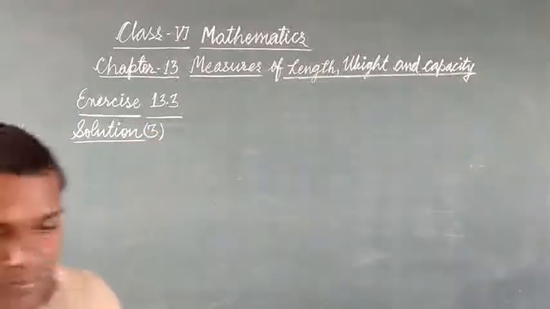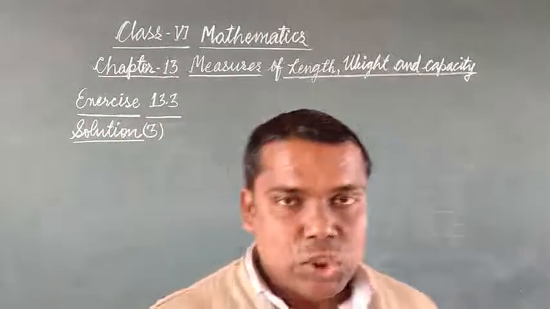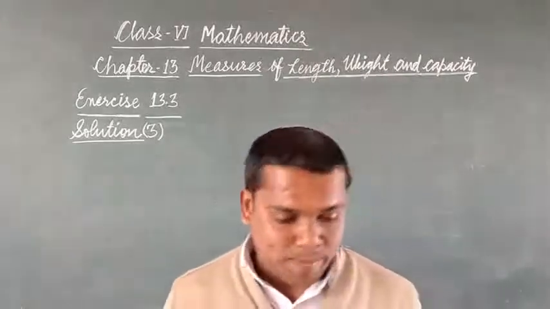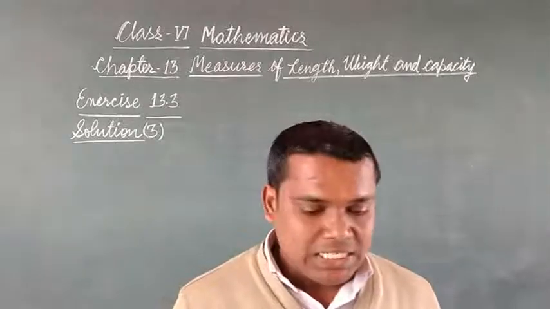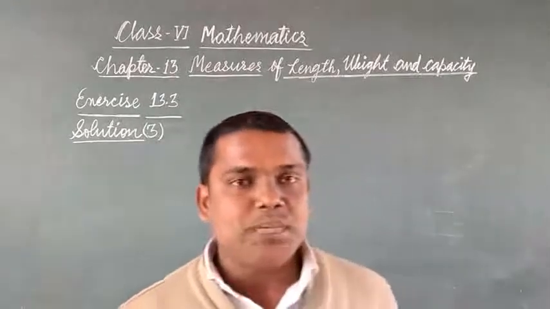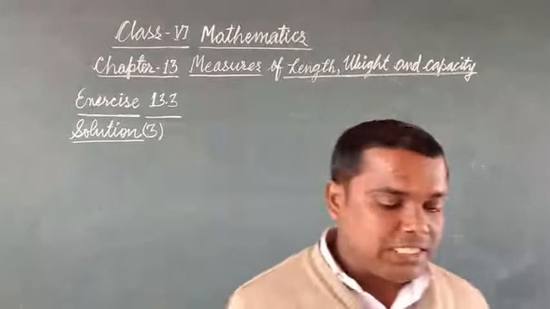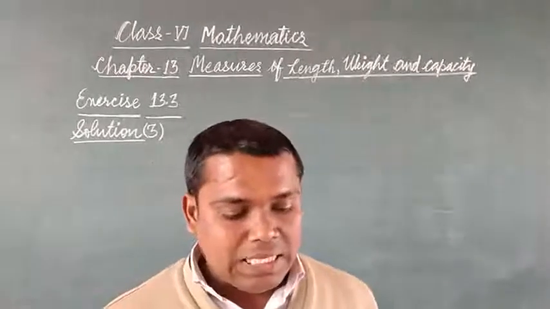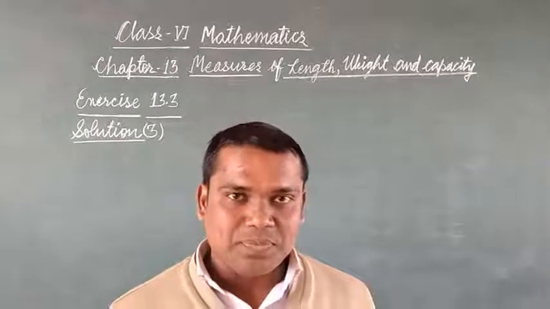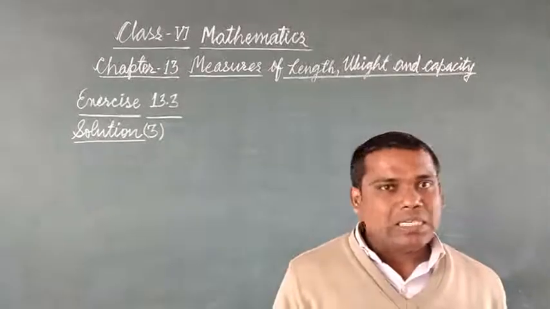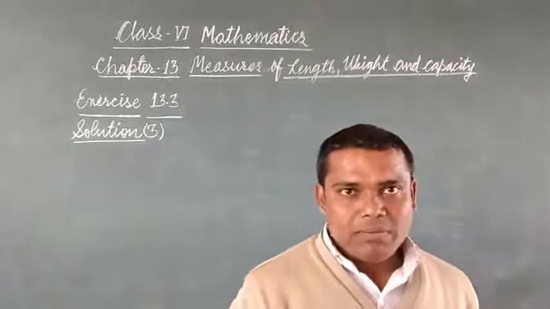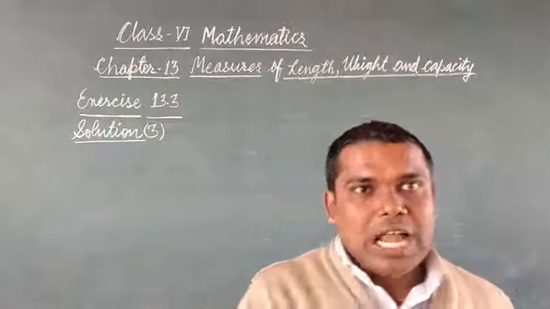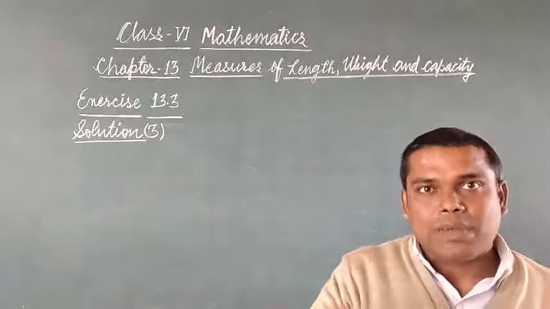Our question is: a bucket has 12 liters 50 milliliter of milk, out of which 8 liters 250 milliliter of milk is used for making sweets. How much milk is now left in the bucket? So 12 liters 50 milliliters is given, and from it 8 liters 250 milliliters is used, and it asks for the milk left in the bucket.